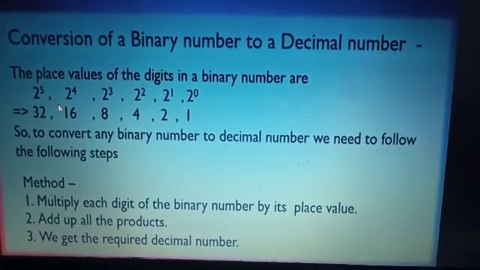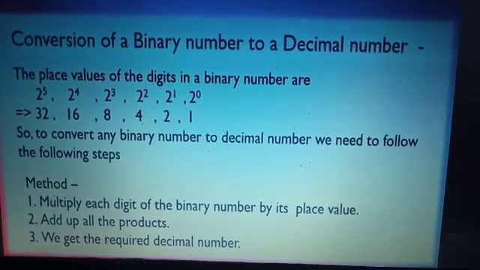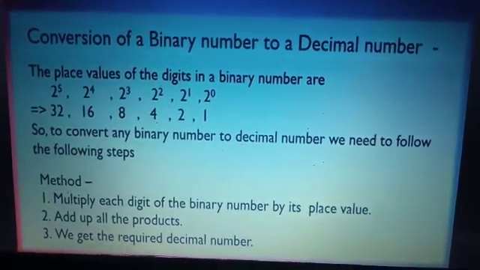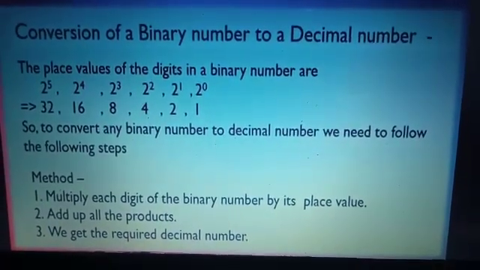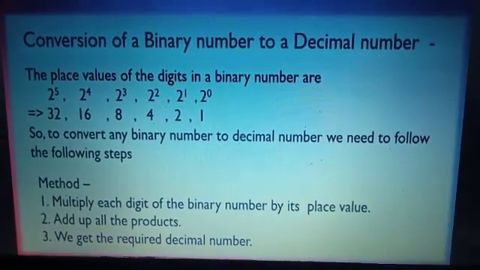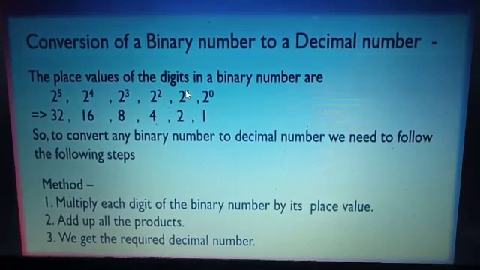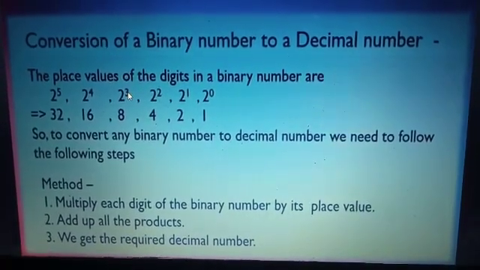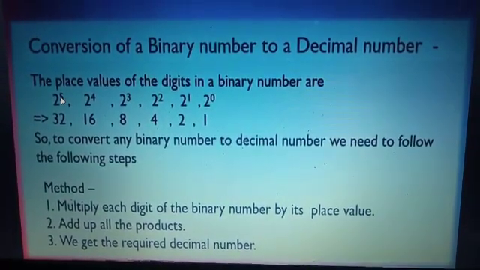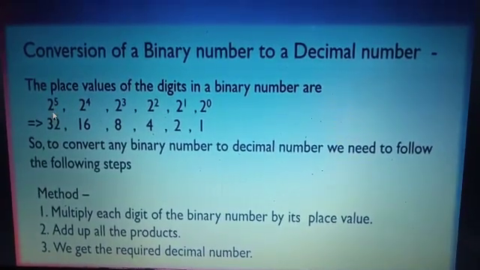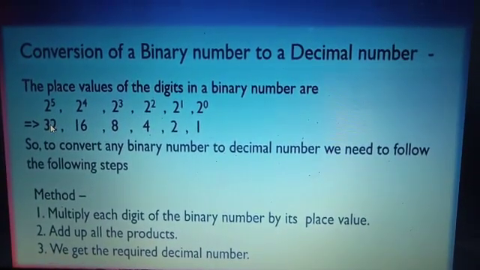You have to write 0, 1, 2, 3, 4, 5, from the right side. Now see, how many times do you have to write 2? 2 raised to the power 5.